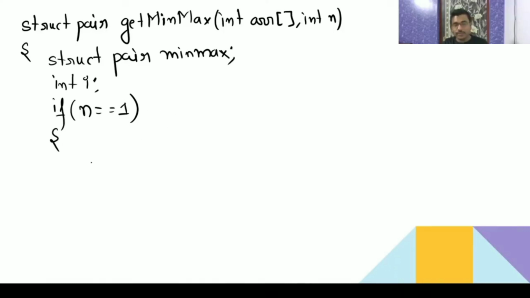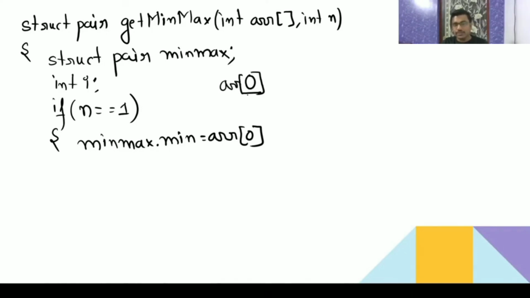If n is equal to 1, then you have only one element, so that element is going to be both min and max. I will write minmax dot min is equal to array of 0, and minmax dot max is equal to array of 0. If the size of the array is 1, it means it has only one element at index 0. So that element is going to be both minimum as well as maximum.